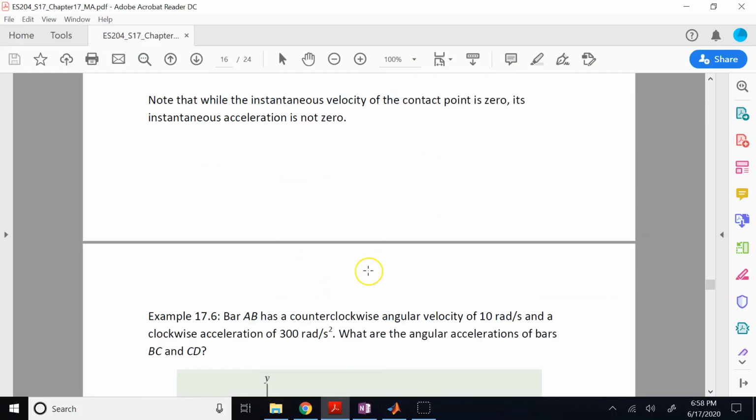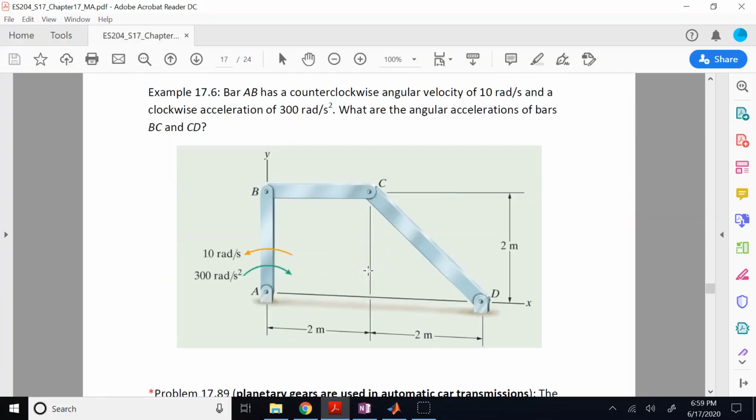So now it's time to look at one other example, example 17.6, where you have the 4-bar linkage mechanism, and omega of the input link AB is 10 counterclockwise, alpha is 300 clockwise, and you are supposed to find alpha BC and alpha CD.